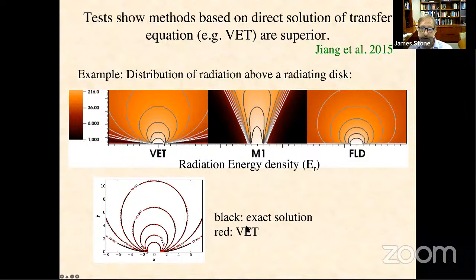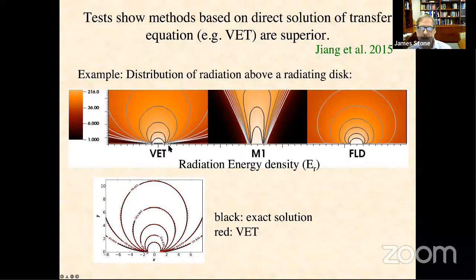The analytic solution, the exact solution, is the black lines, and the red is, again, the VET solution repeated. And so clearly these direct transport methods converge to the correct solution. They are consistent with the underlying PDEs you're solving, whereas M1 and FLD do not converge to the solution of the transport equation for simple test problems like this.